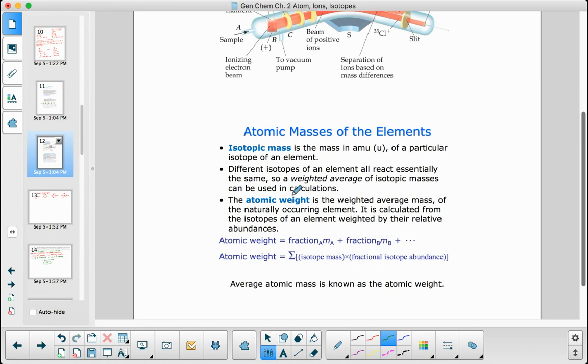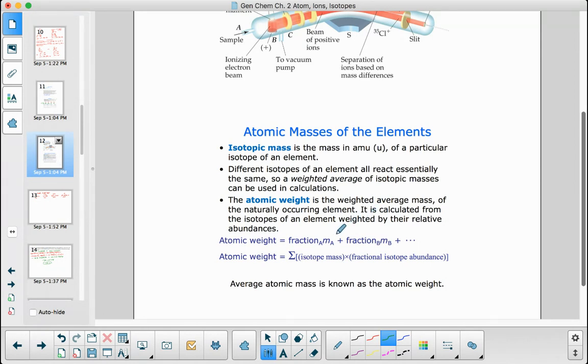So what we say is that different isotopes of an element all react essentially the same. The element isn't different, but the isotope just has a different mass. And so we look at the weighted average of isotopic masses, and that's something that can be calculated.